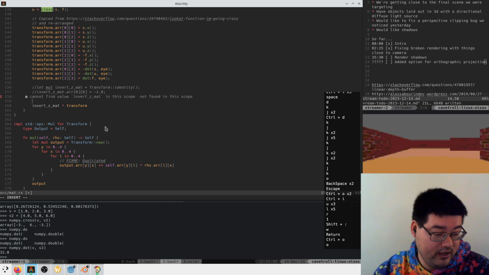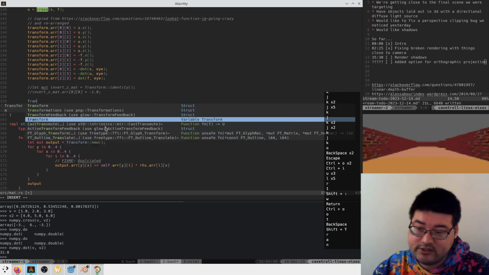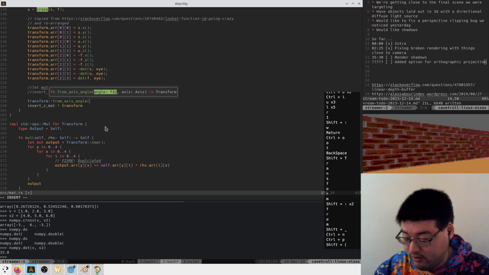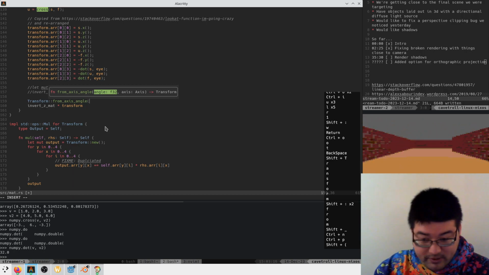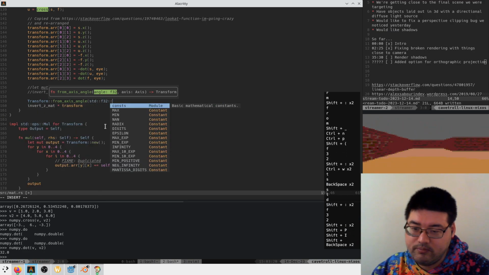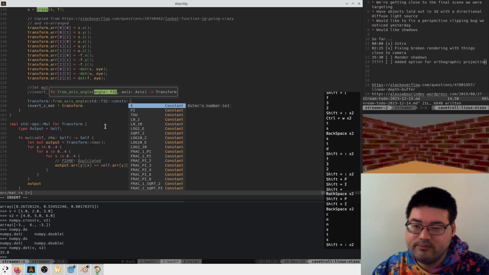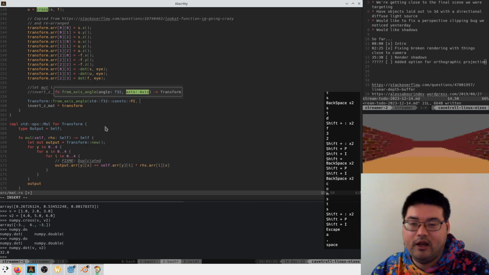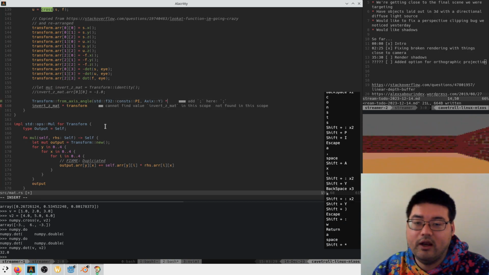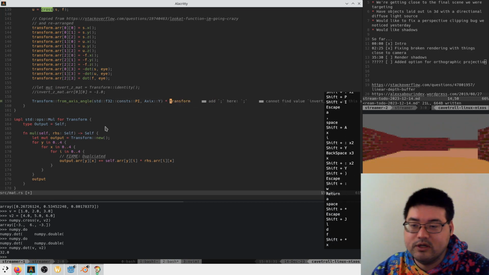So we can say transform from axis angle, where my axes are hard-coded, my angle is in radians, and I'm trying to rotate by f32 pi, consts pi, around axis Y. And I can multiply that by the transform I got.